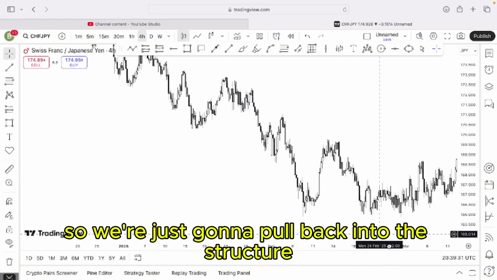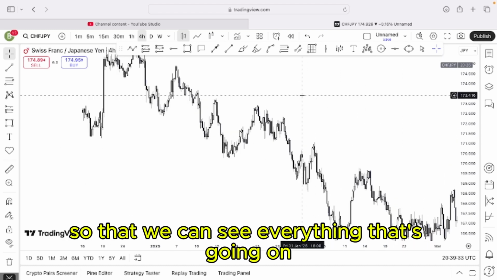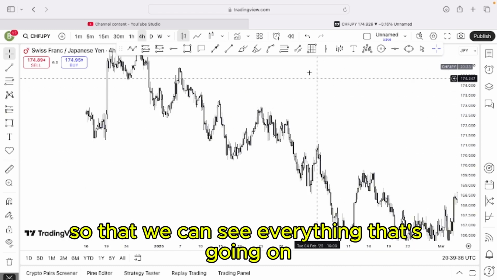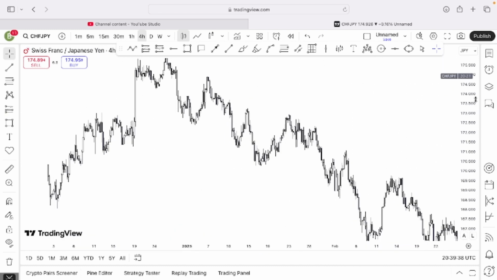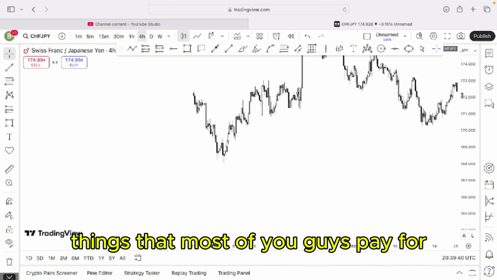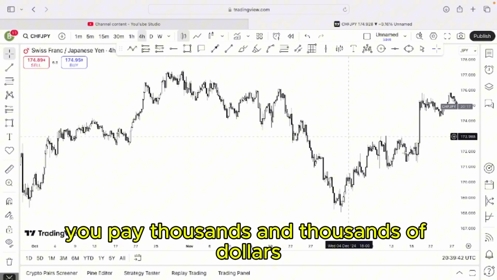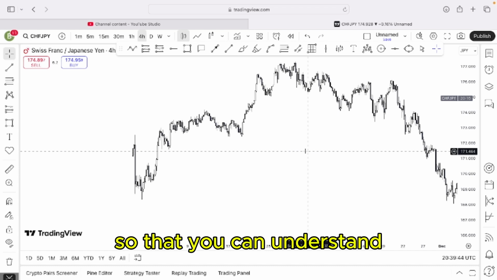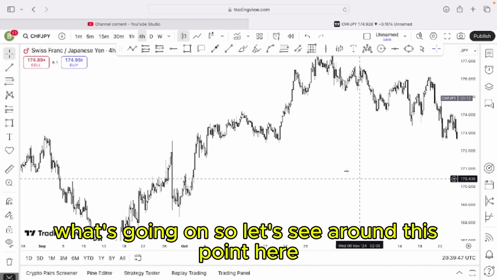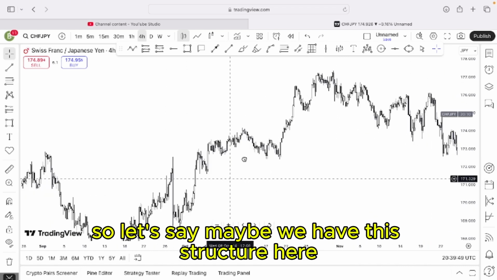So we're just gonna pull back into the structure so that we can see everything that's going on, just because I'm trying to show you things that most of you guys pay thousands and thousands of dollars to understand. So let's see around this point here. Let's say maybe we have the structure here.